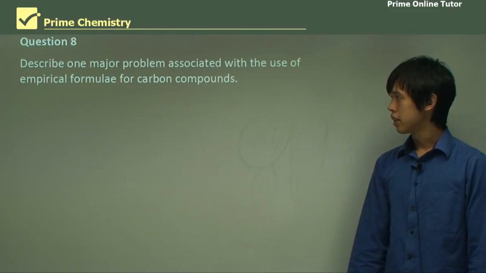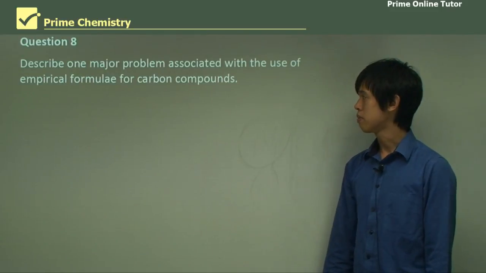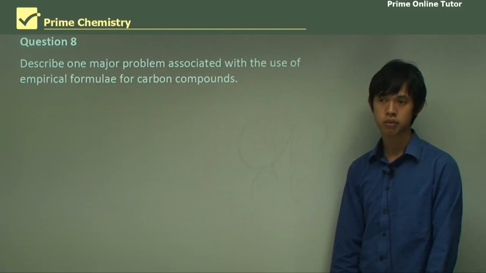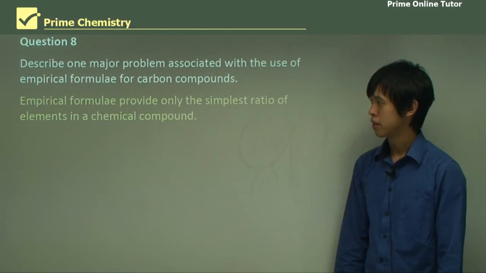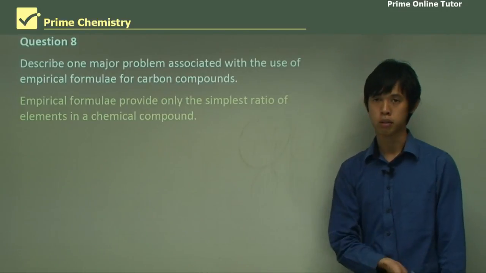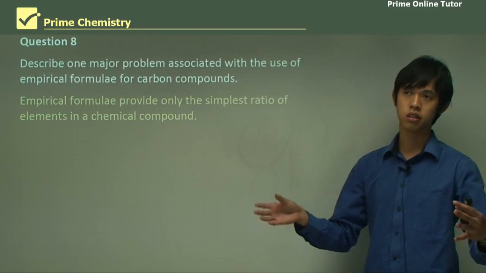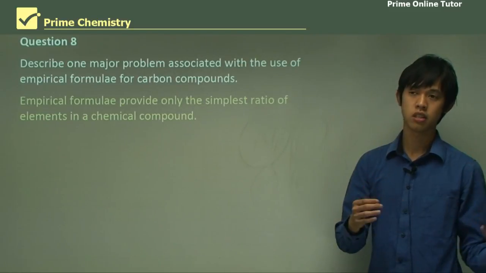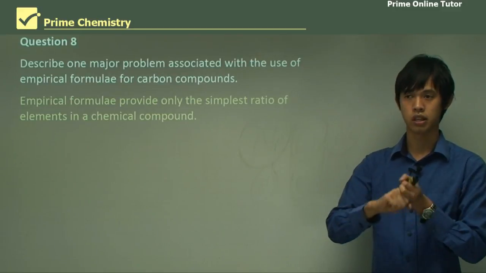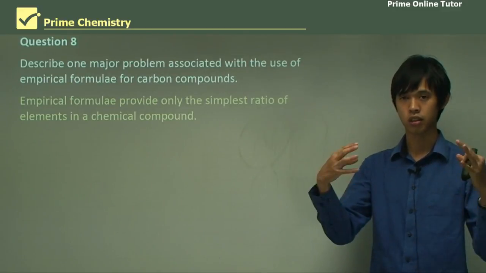Question 8. Describe one major problem associated with the use of empirical formulae for carbon compounds. Empirical formulae provide only the simplest ratio of elements in a chemical compound. It doesn't tell you anything about the structure, or the number of those atoms in the molecule.